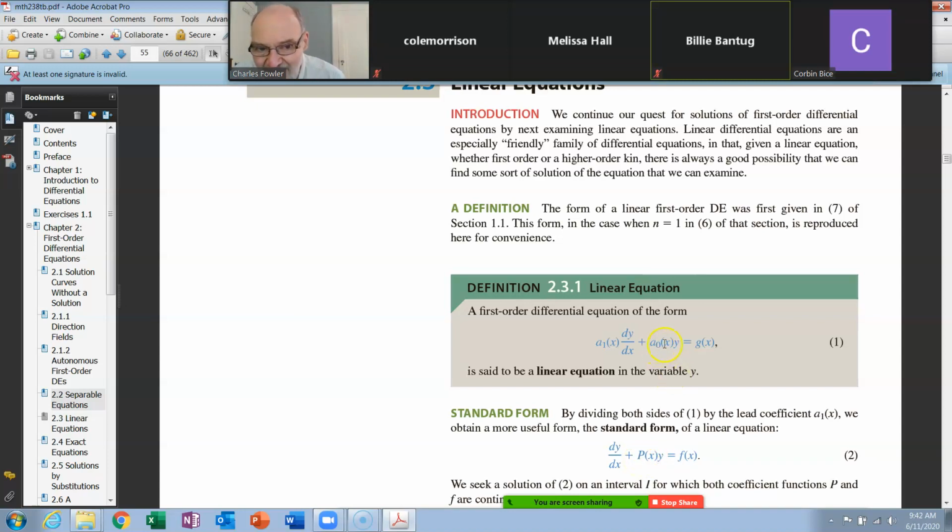We've just said this came about by dividing a0 of x by a1 of x. Now, if a1 of x is a constant and a0 of x is a polynomial, no problem. Or if a1 of x was a factor of a0 of x, no problem if that was a polynomial function. But this does not stand for polynomial function. So if you got that in your brain, sort of erase it for now. That was back in pre-calculus algebra. That's what p of x stood for. And then this other one, g of x divided by that, that's just some f of x. Nothing, no problem there.